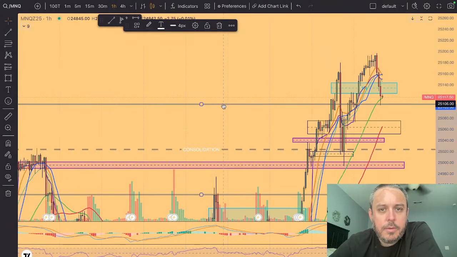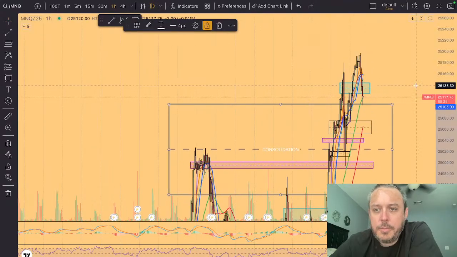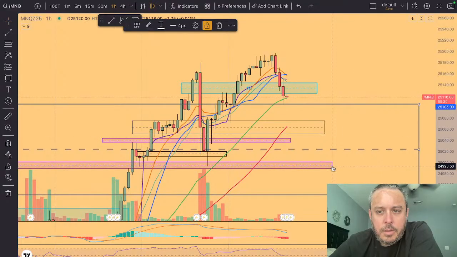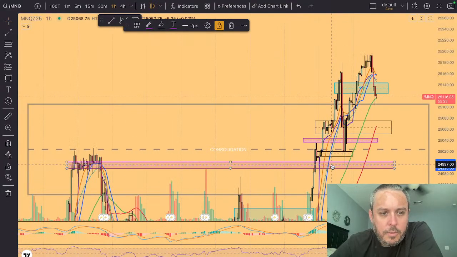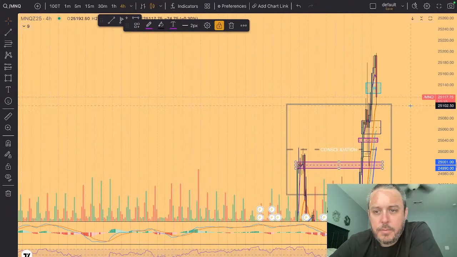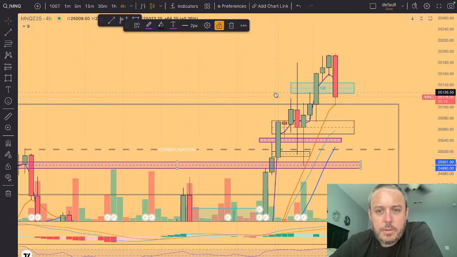And then we're going to leave this gray guy right here because that's a big area. And let's see, I think this is a 4-hour gap from somewhere. There we go. Let's change this to 4 hours.